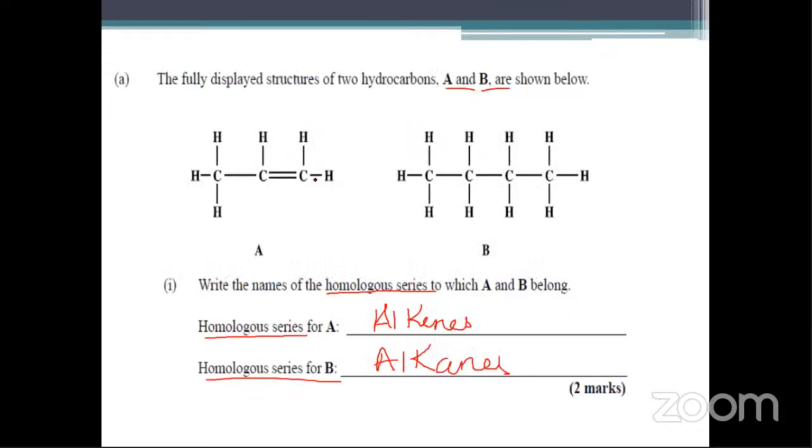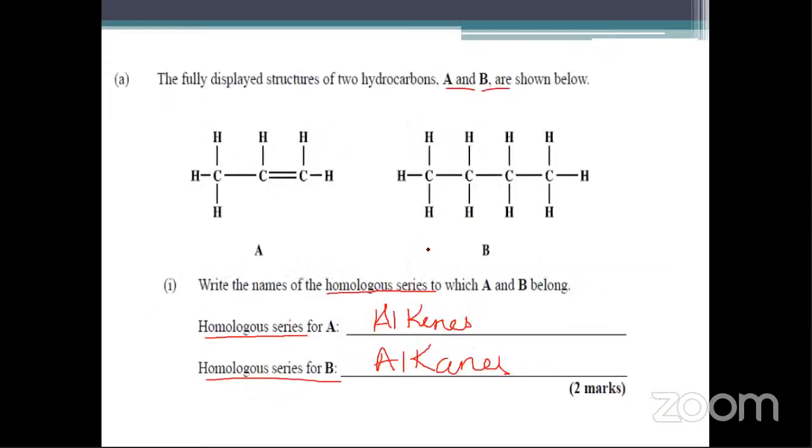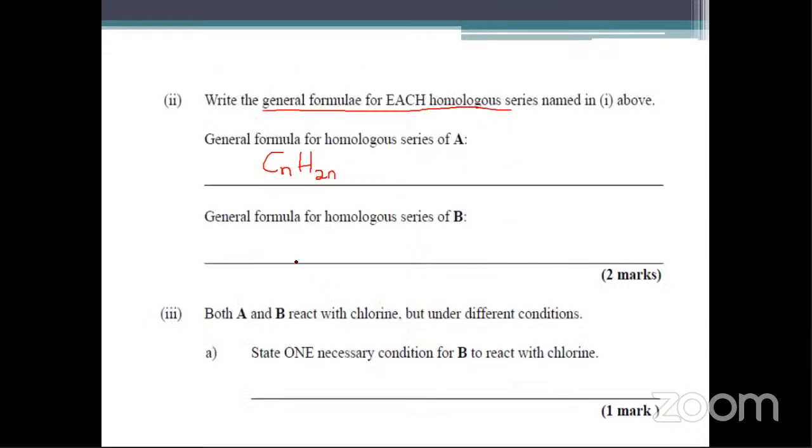Remember, for alkenes, the number of H's always double up. So it's CnH2n, right? Cn, and then the number of H's is 2n, it doubles. All right, what is the general formula for alkanes? CnH2n+2. Very good, CnH2n plus 2. Also very easy, 2 marks.